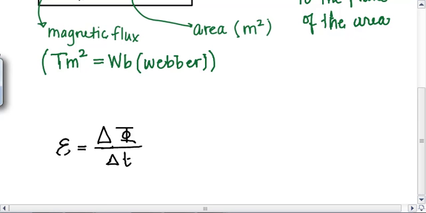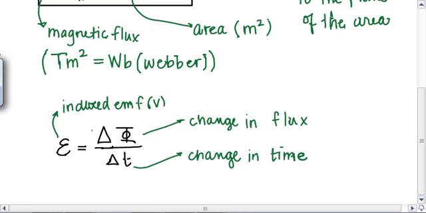So this is the induced EMF, or voltage. And you could set that equal to I times R, just like you would any other V equals IR type problem. So this induced EMF, change in flux over change in time.